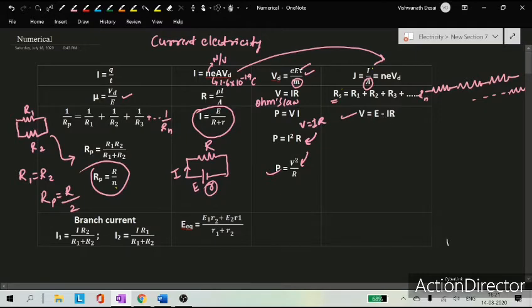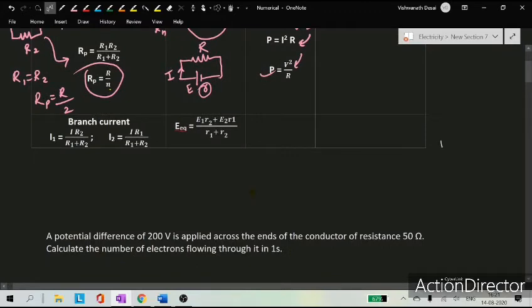Next, branch current formula. There are two currents here. Suppose I have a circuit like this, with two resistors connected in parallel.